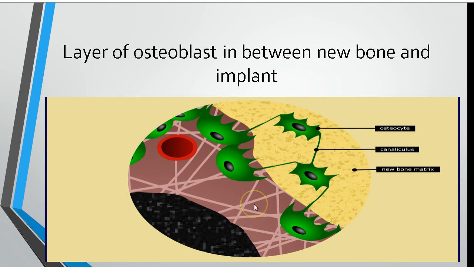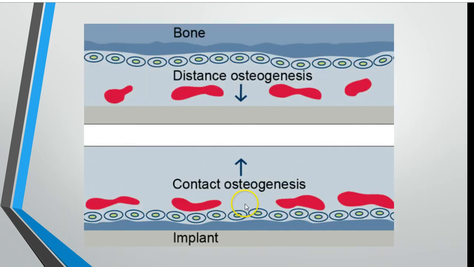So just from common sense, you can tell we want contact osteogenesis. We want that intimate contact as much as we can. If this is the implant, you have bone formation right on top, then the vascular supply for healing and equilibrium. And in distance osteogenesis, if this is the implant, you'll always have this space in between and the bone.